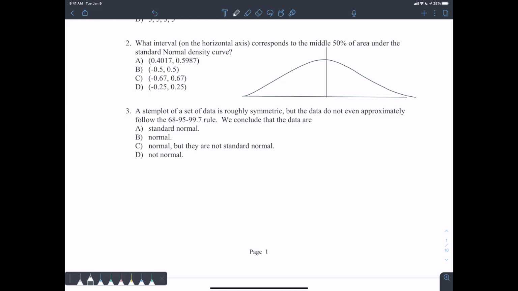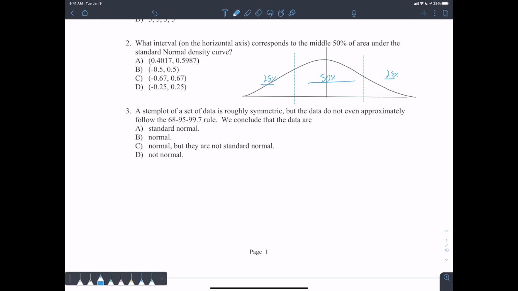And then basically, 50% is represented by an area kind of like that. If this whole area represents 50% of the data, then this area is 25% and this area is 25%. So if you want to find the values, since this is a standard normal curve, let's start from there.